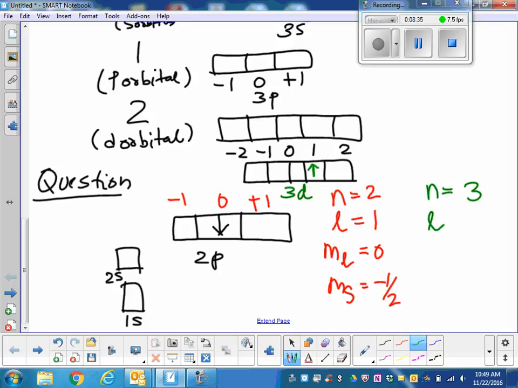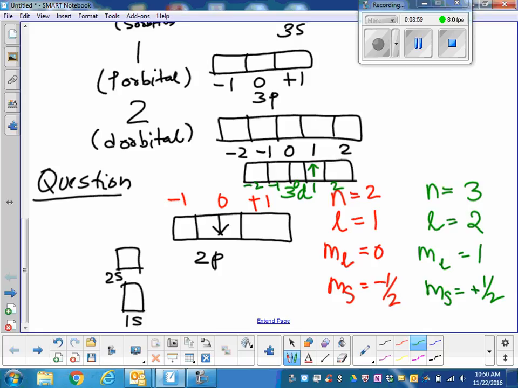What do you think l is going to be? 2. What do you think ml is going to be? ml can be 1. What do you think ms is going to be? Positive 1/2. Are we good with listing quantum numbers for a given electron?